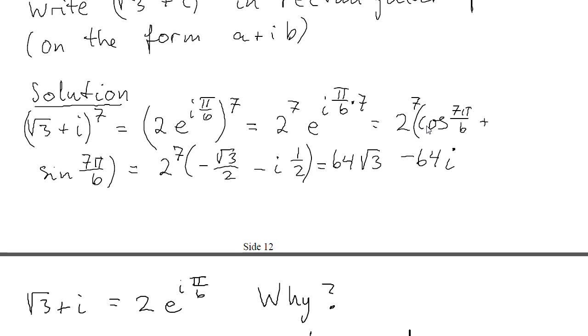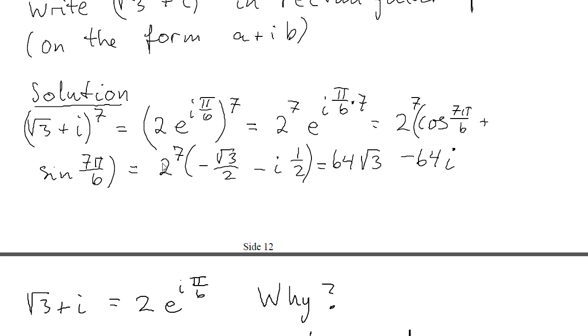this is equal to cosine of 7π/6 plus, here you should multiply with the imaginary unit i also. Sorry, I haven't done this, but you see what's missing. So the sine of 7π/6.